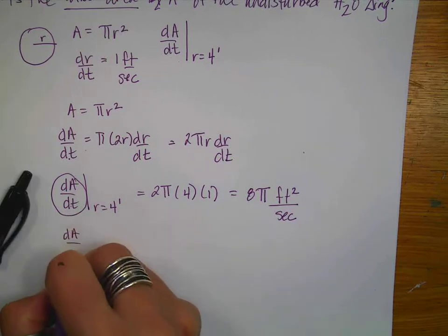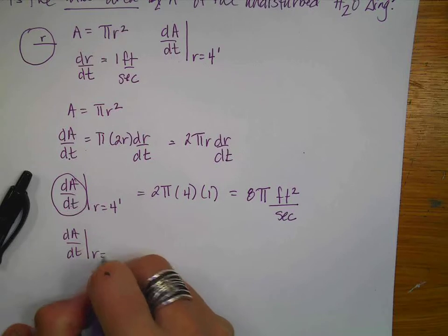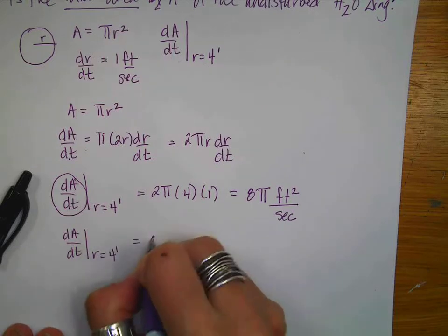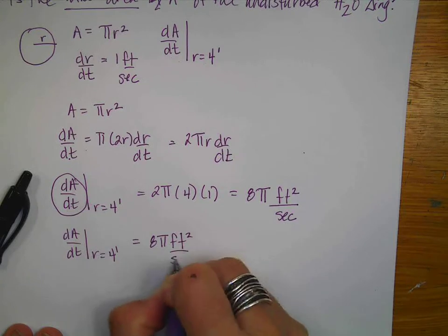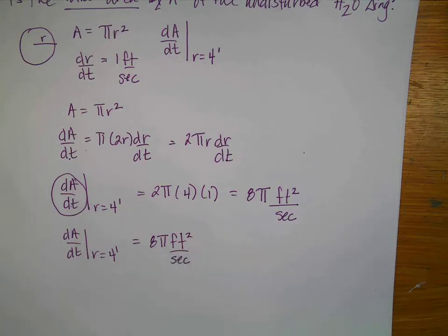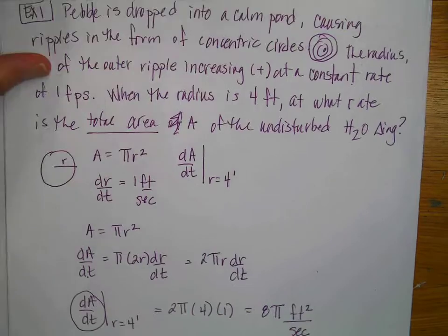Alrighty? So then I would write dA dt evaluated when r is 4 feet is 8 pi feet squared per second, and that is a rate. A rate is a derivative, and it means that I get to do some fun math.